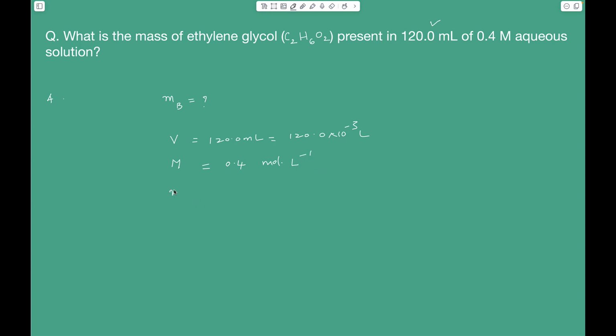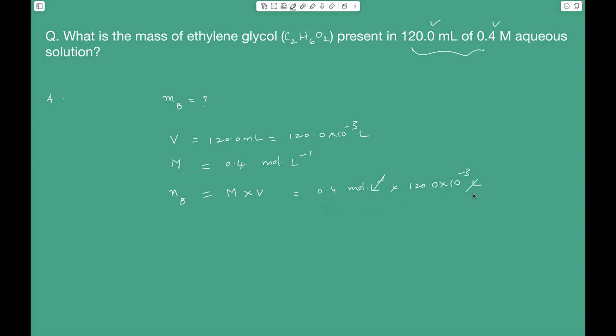Then how do you get the number of moles of solute? That is the number of moles of ethylene glycol present in 120 ml of this solution. You have to multiply molarity with the volume of the solution. That is 0.4 mole per liter multiplied with 120 into 10 to the power of minus 3 liters.